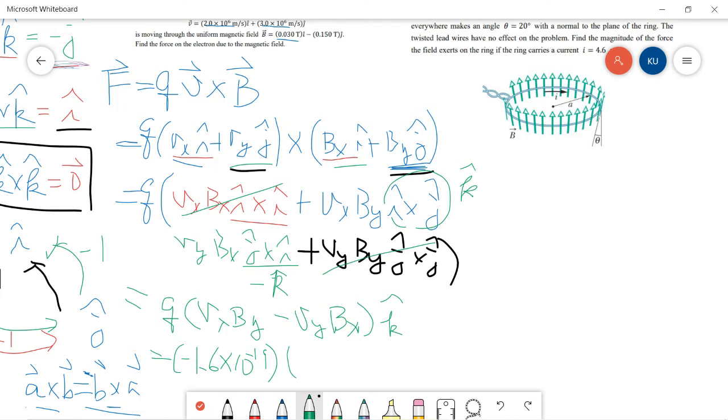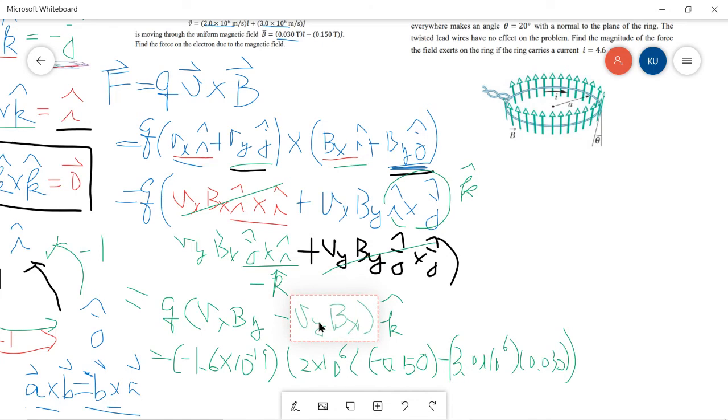Then Vx is 2 times 10 to 6, and By is minus 0.150, and then we subtract Vy, which is 3.0 times 10 to 6, multiplied by Bx, which is 0.030. Okay, it should be like this.